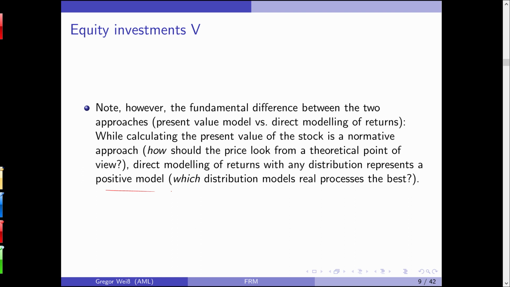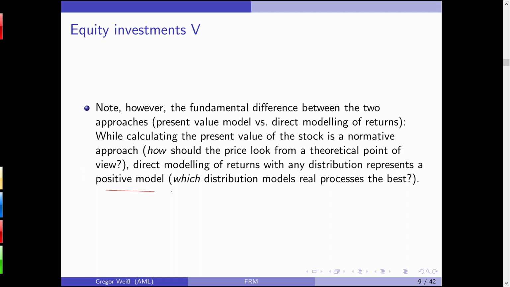In many cases, you will also find this under the keywords of structural model versus reduced model. The first one is a structural model because it wants to find the economic structure that drives this economic process.